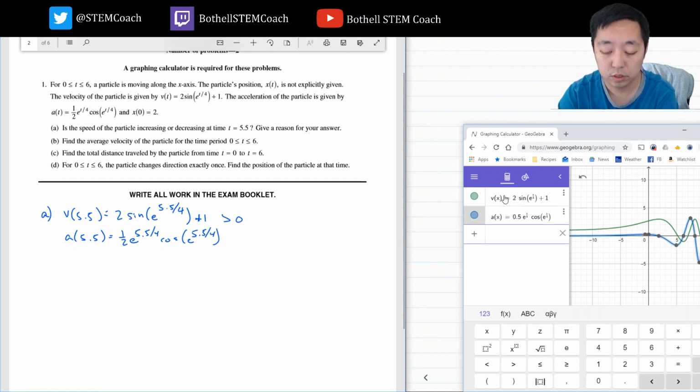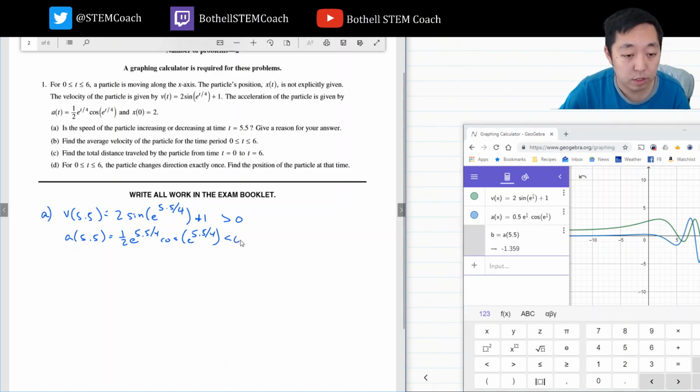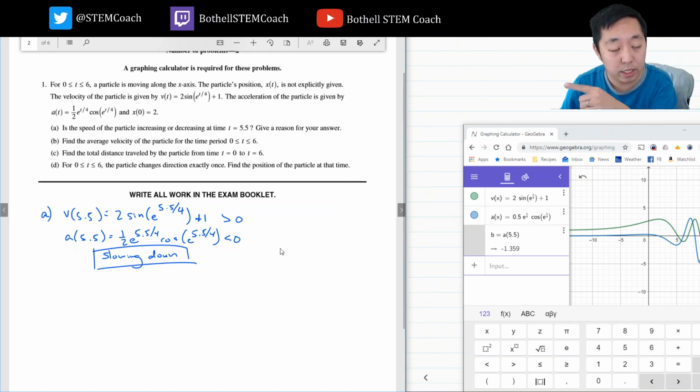Okay, so let's do v of 5.5, and I get this is greater than 0. a of 5.5 is less than 0, so it's slowing down, because its velocity is positive. That means going to the right, but its acceleration is negative. That means it's decelerating to the right. Another way we think of it is that if the signs are different, it's slowing down.